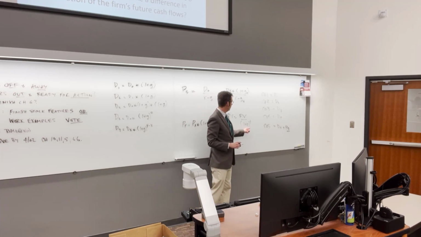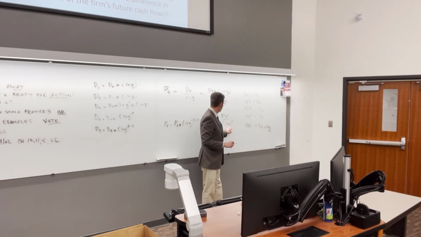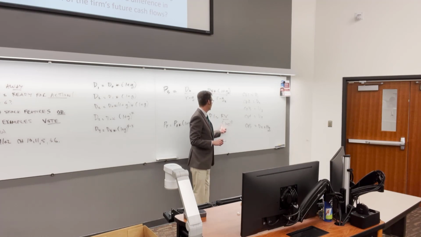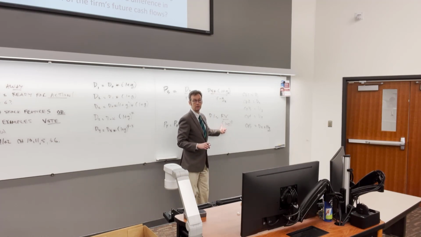Let's think about it the other way. What if my estimate of g is 1% too small? Then my estimate of R is going to be 1% too small. I'm dividing by a smaller number, and so the present value is actually higher.